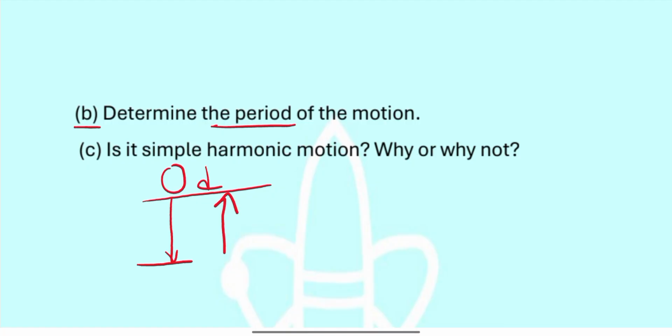So we know that the period of the motion is the time taken for one oscillation. Okay, so in this case, an oscillation is when this ball goes down and then goes back up. So we need to find the time in which this ball is going to go down and then go back up.